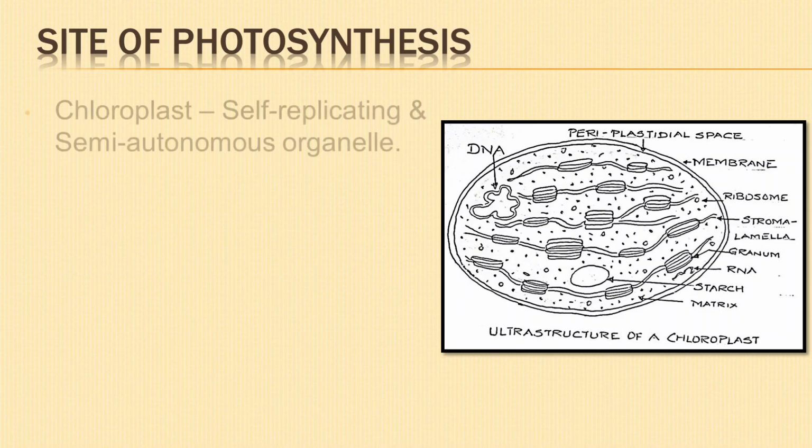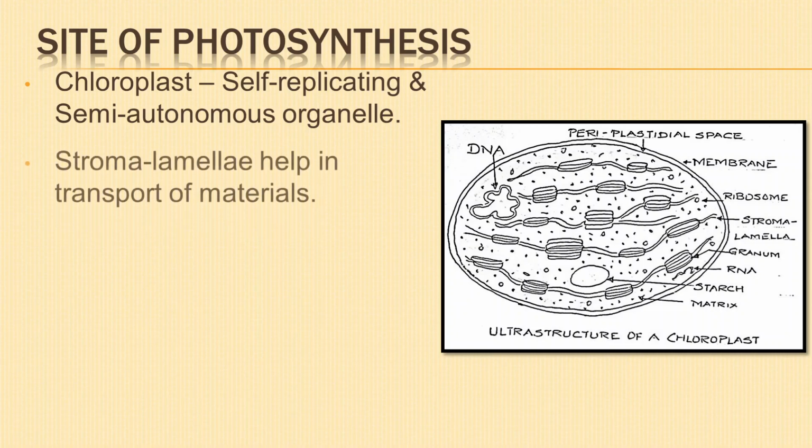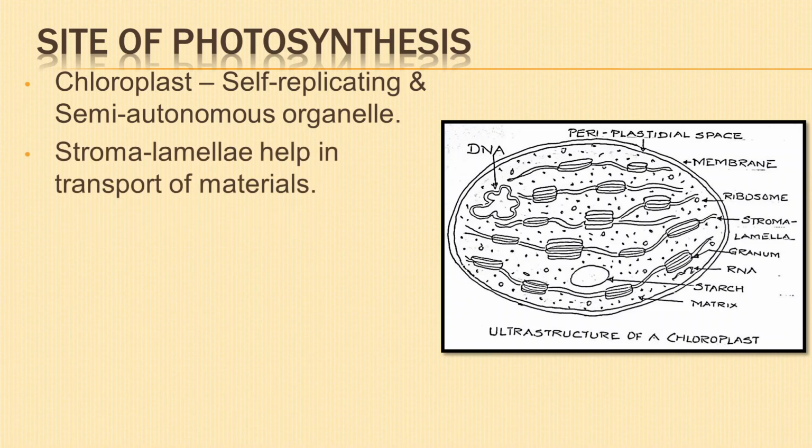DNA is in the form of a closed circular, highly folded naked ring and is termed as plastidome. As chloroplast contains DNA and ribosomes, it is a self-replicating and semi-autonomous organelle. Grana are interconnected by membranes called stroma lamellae, which help in rapid transport of materials.